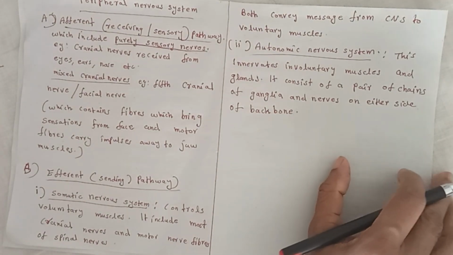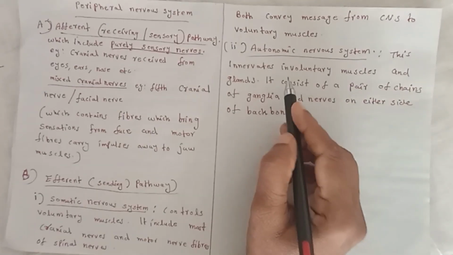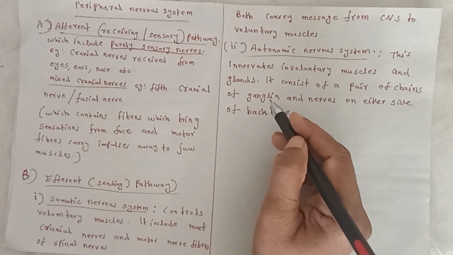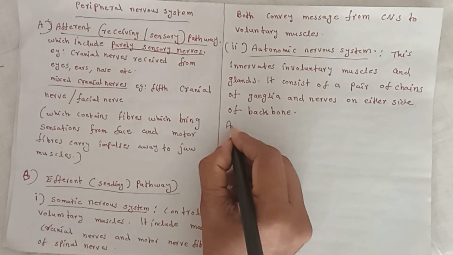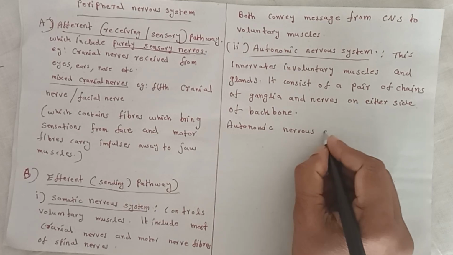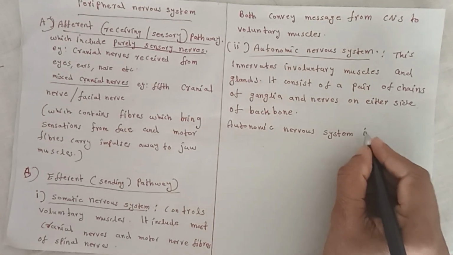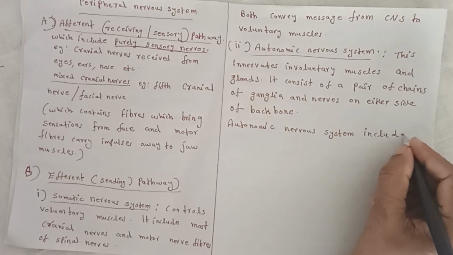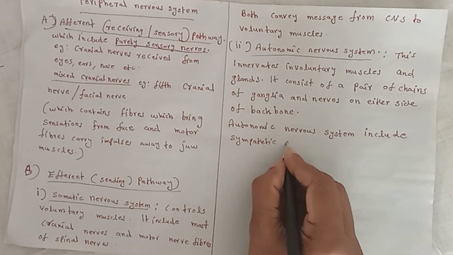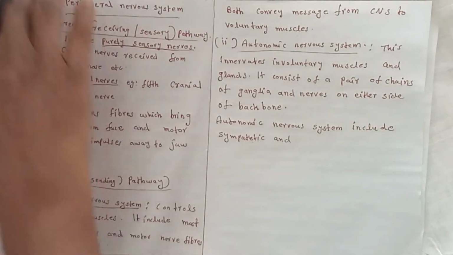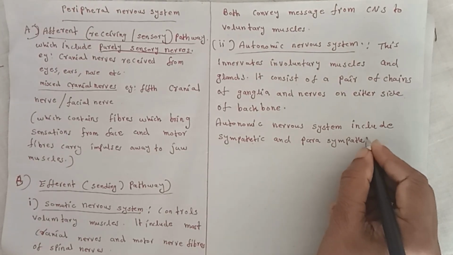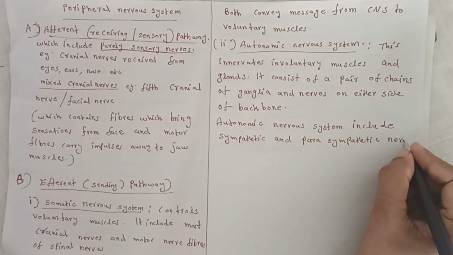The autonomic nervous system is again divided into two parts: the sympathetic and parasympathetic nervous system.